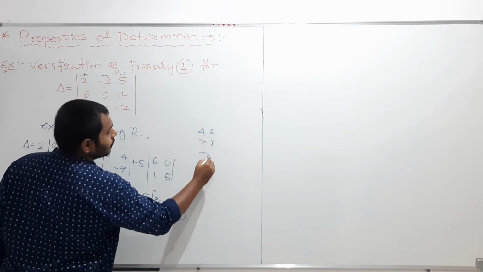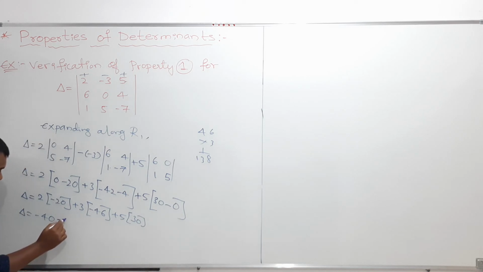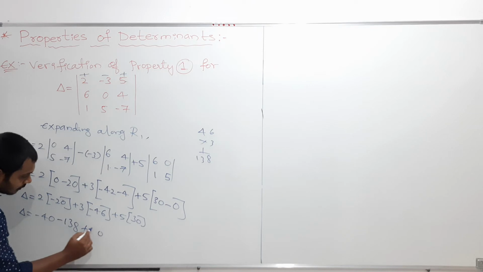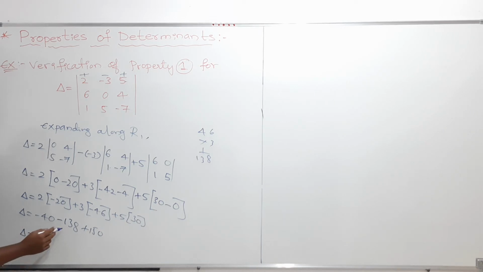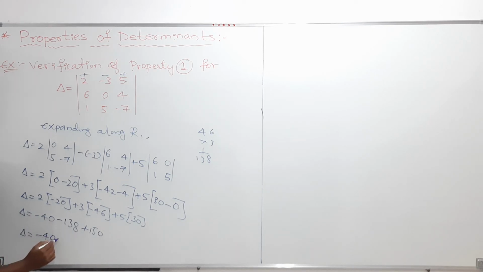How much is it? 3 6s are 18, 3 4s are 12, plus 1 is 13, so it is 138. Next plus 5 into 30 is 150. So further if you simplify this, you will get the delta value. So here it is minus 138 plus 150, and 150 minus 138 is 12. So that is minus 40 plus 12.